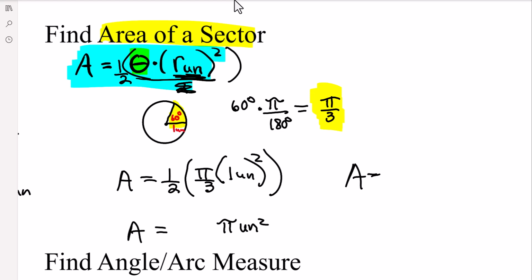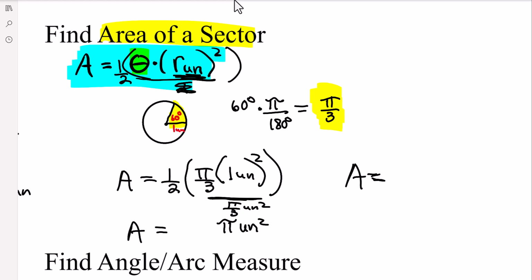So pi thirds, 1 squared is 1. Unit squared is unit squared. So 1 times pi thirds is pi thirds. So all of this in here is just pi thirds unit squared.